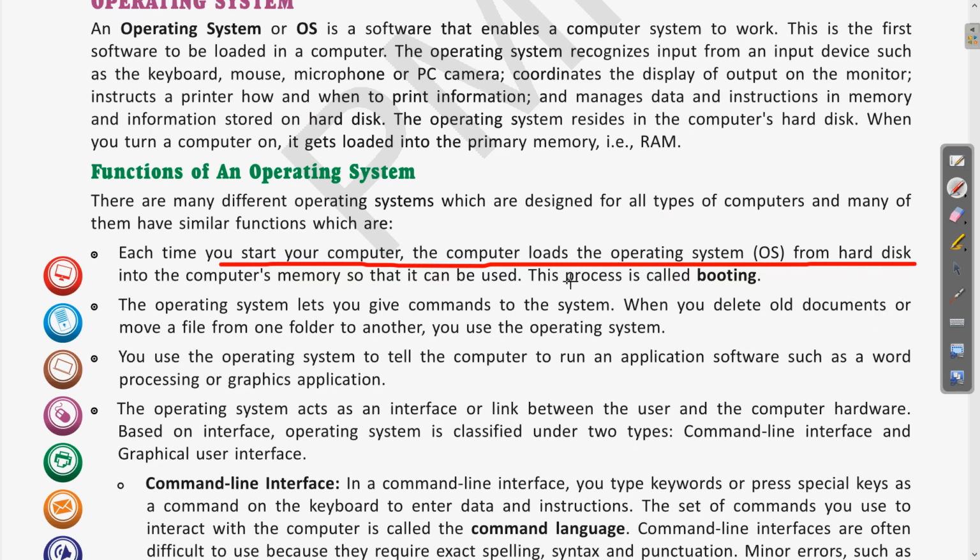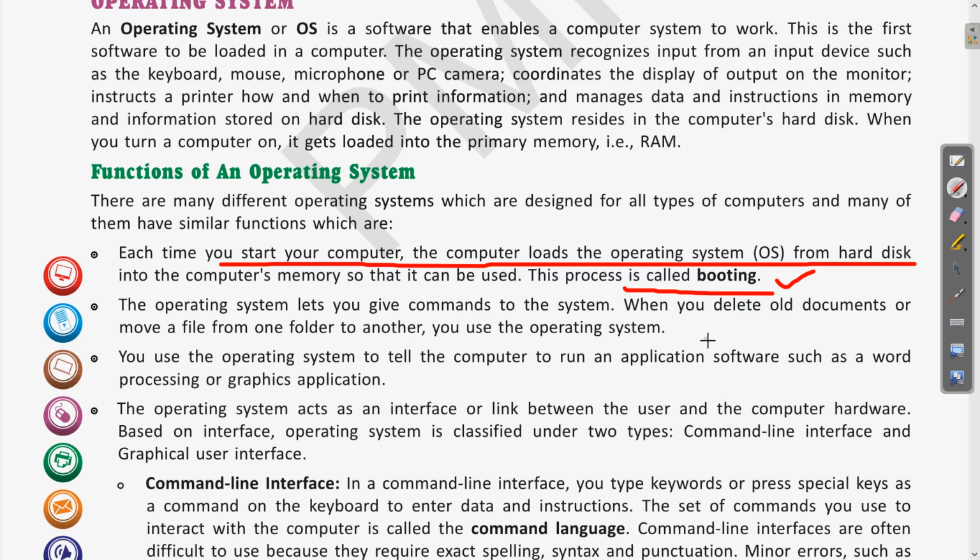This process of transferring the operating system from an external storage device to the computer memory is called booting. Clear? And we have seen that booting is of two types: warm booting and cold booting. I hope you know that warm booting is when we restart a computer.